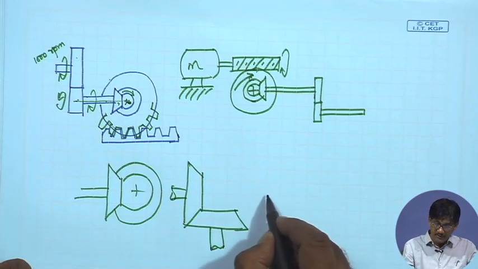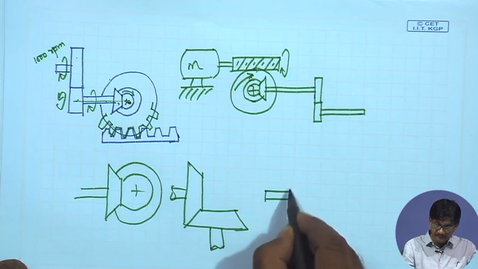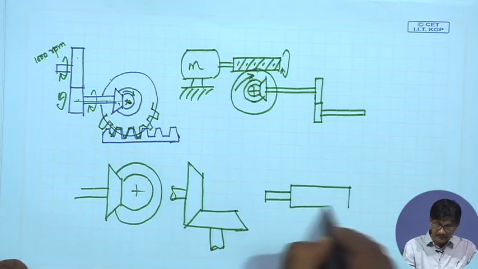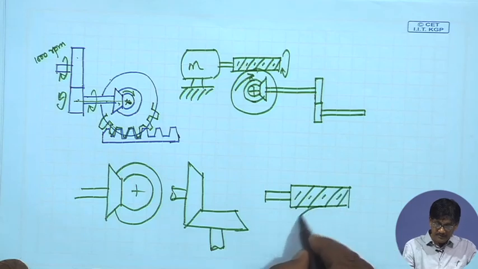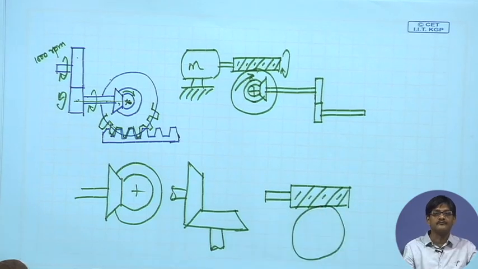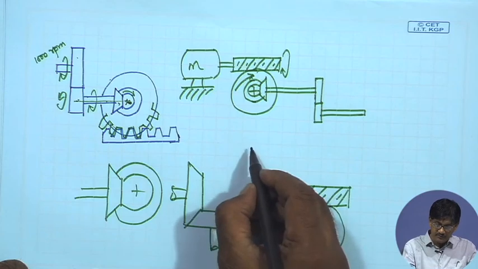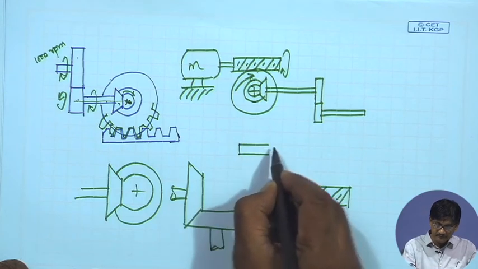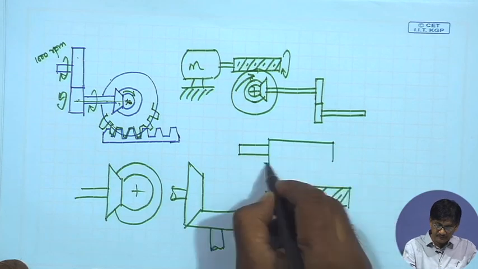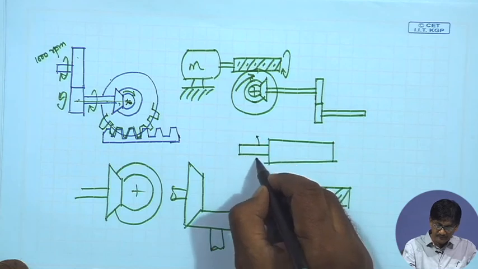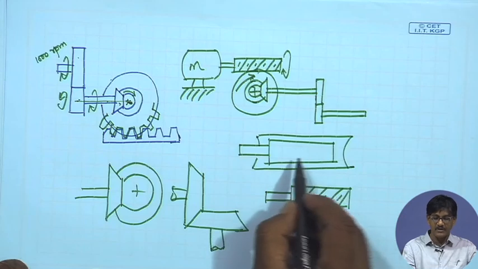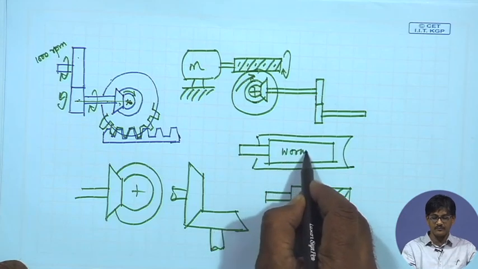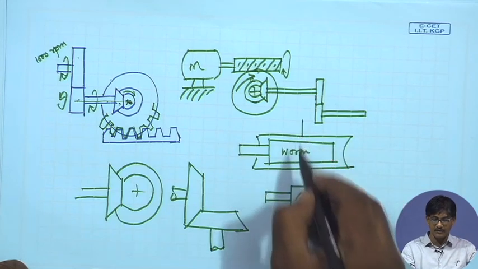Worm and worm gears can be drawn this way. This is the worm, this is the worm gear. They can also be drawn this way. This is the worm and this is the worm gear.